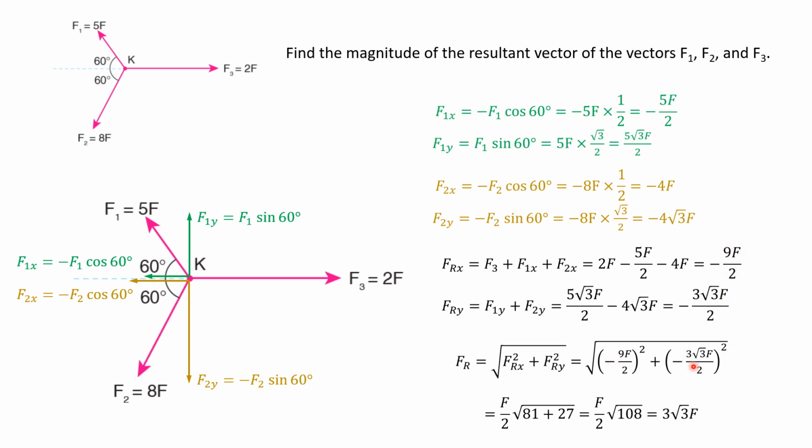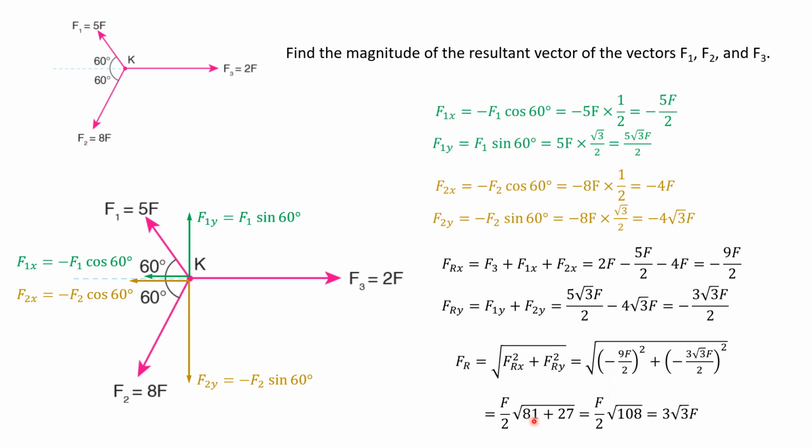If we square this, both of them have F, both of them have 2, so this is going to give us F squared over 4, F squared over 4. We can take this out of the square root, which is just going to give us F over 2, and we are just left with the square of -9 and the square of -3 root 3.